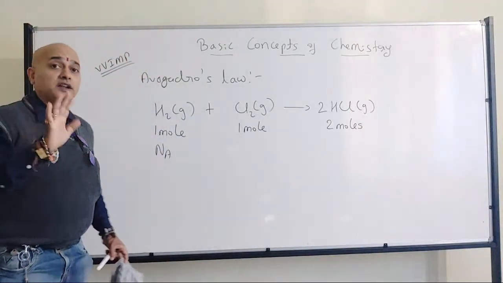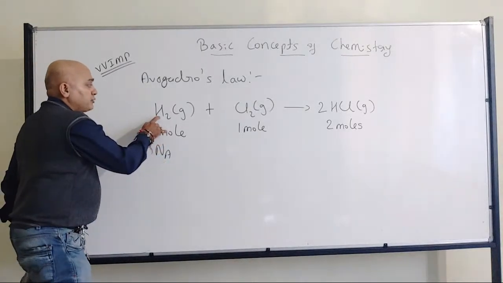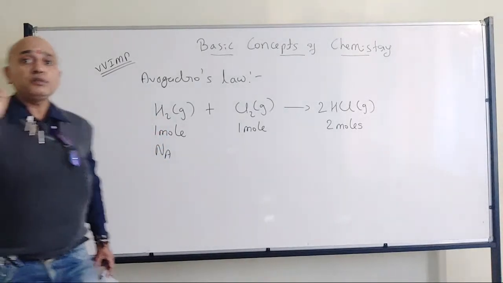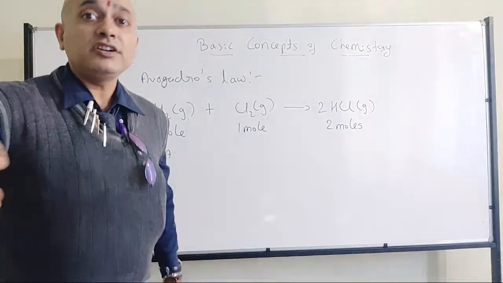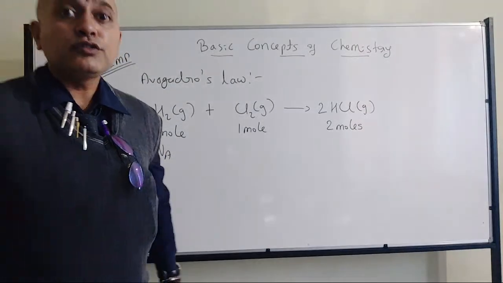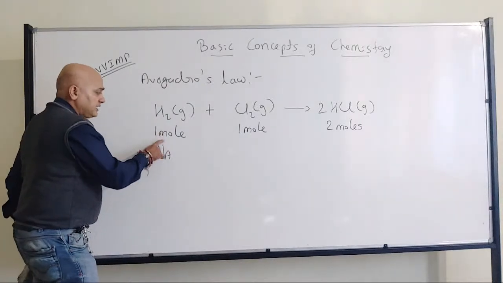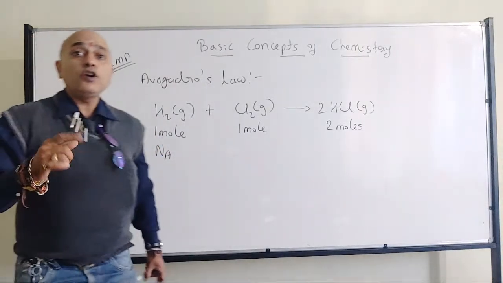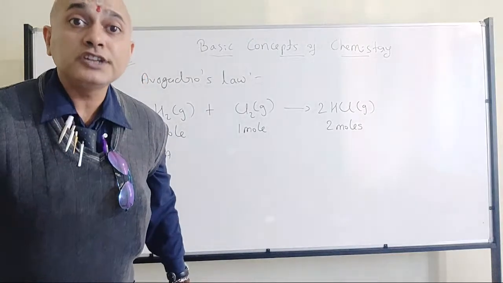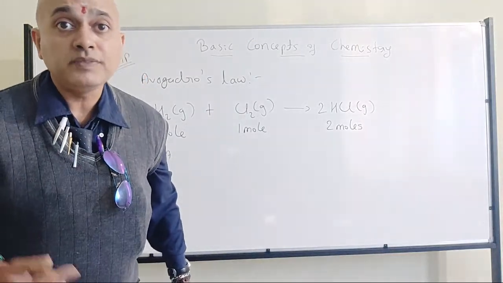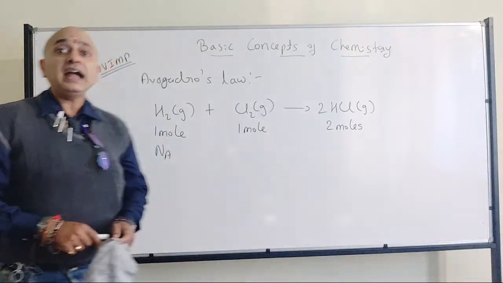I am not talking about 2 hydrogen atoms. No, I am not talking about atoms. Please try to understand the question. The question I am asking here is, if I have 1 mole of hydrogen, in that case how many hydrogen molecules will be there? I never used the word atom.